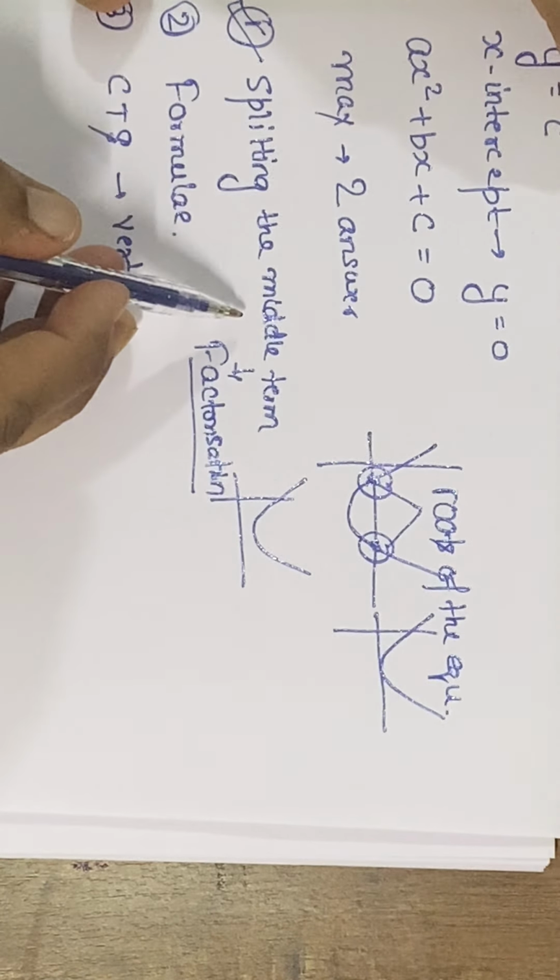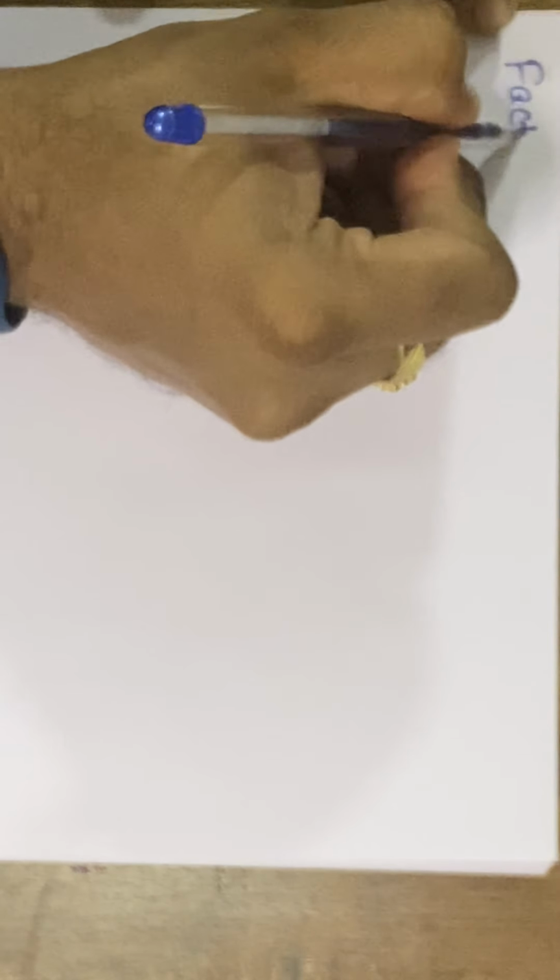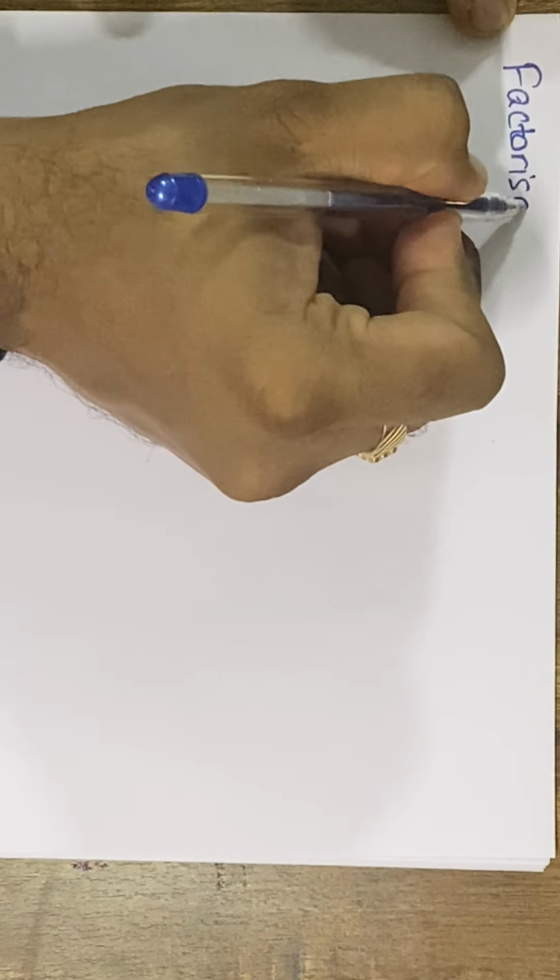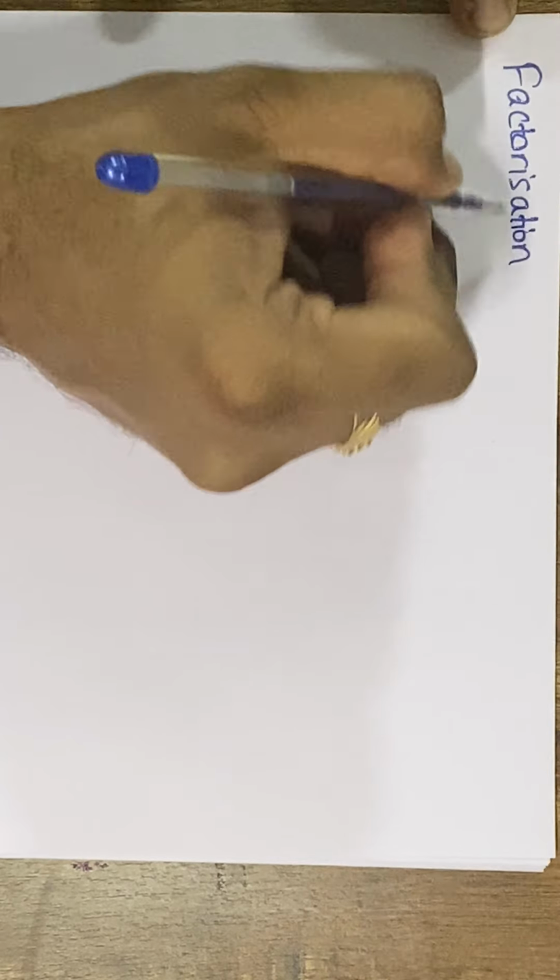Let's see more about splitting the middle term. So I am going to write factorization. When I solve factorization, it will help you to understand what I mean by splitting the middle term.